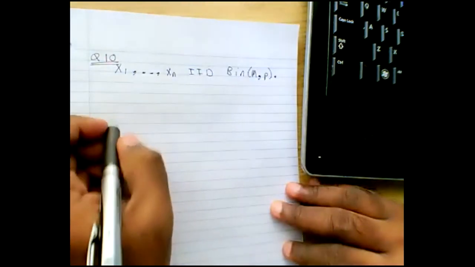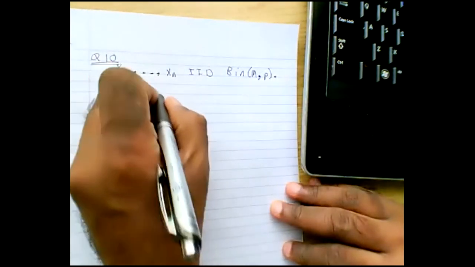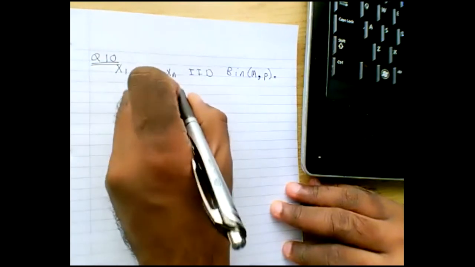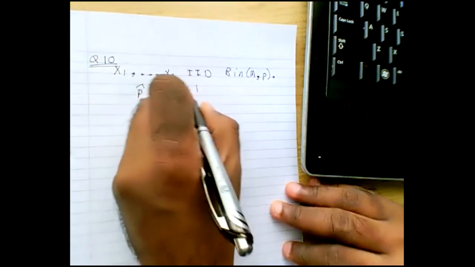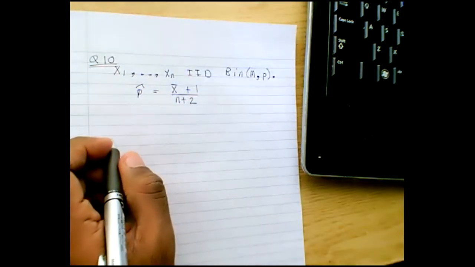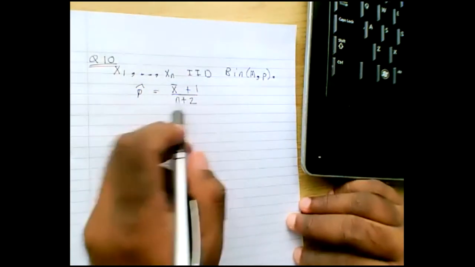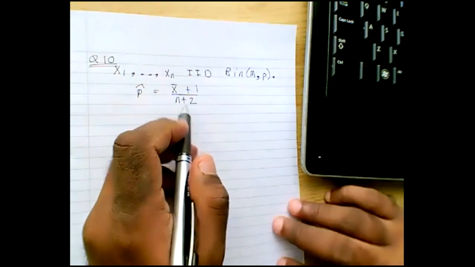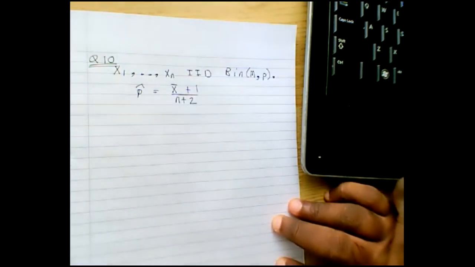And what you are given is an estimator for p, which is x bar plus 1 divided by n plus 2. Now the question is to find the bias and the variance of this estimator.